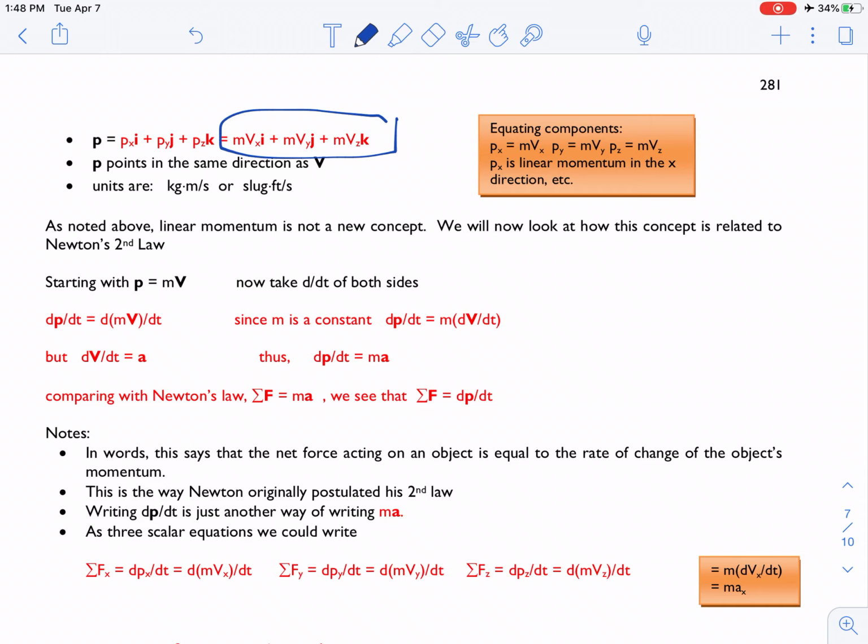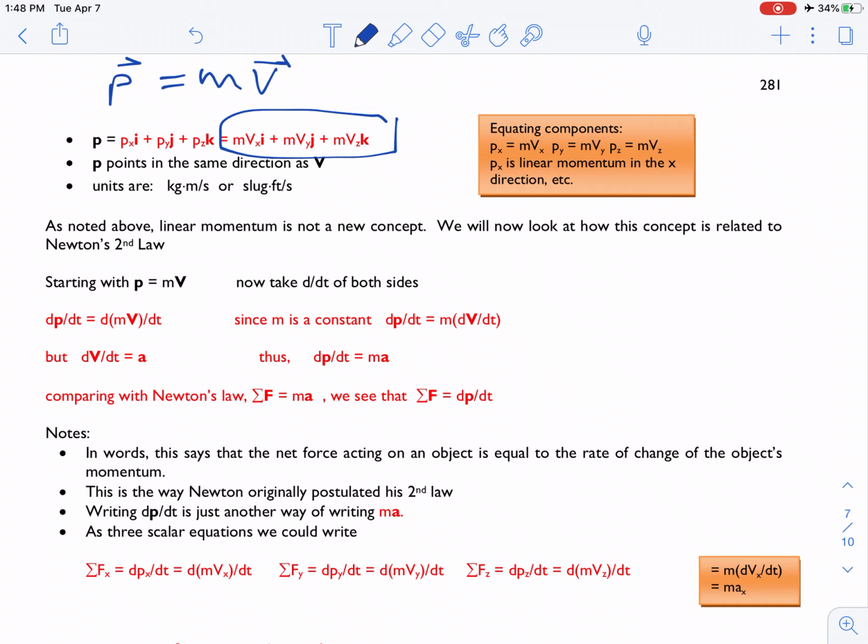And p always points the same direction as v, because we know that p vector is mv. Instead of bolding, we can use the arrows when we're writing, that's how we write things.